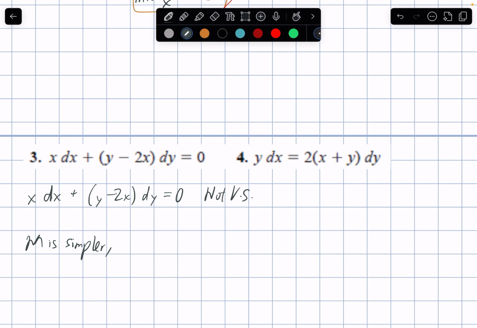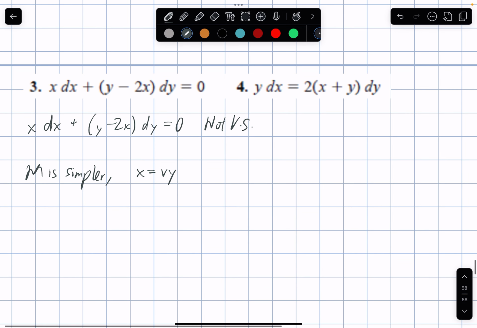So what do we use? If n were simpler, we'd use y equal to ux. But now that it's m, we use x equal to vy. Therefore, we can also say that v is equal to x over y.